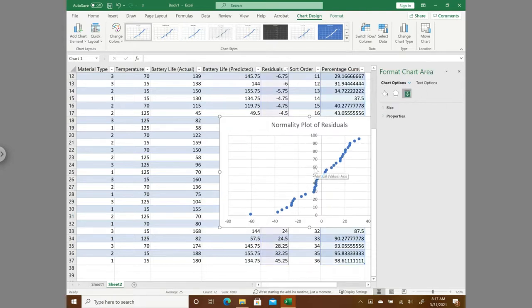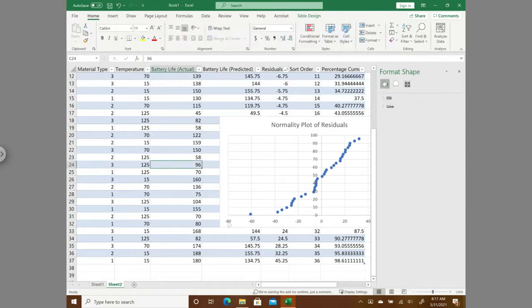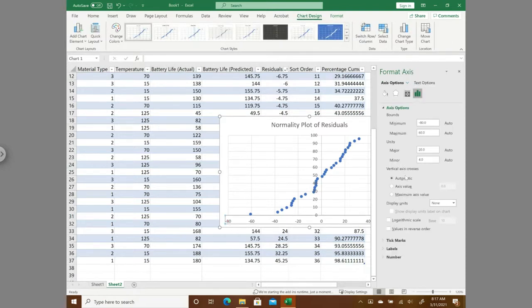And if the y-axis is crossing the x-axis at 0, but if we want to put it to the left, we can do that as well. So I'm going to double click on x-axis, and here I say vertical axis crosses at, instead of crossing it at 0, we can make it cross at minus 80.